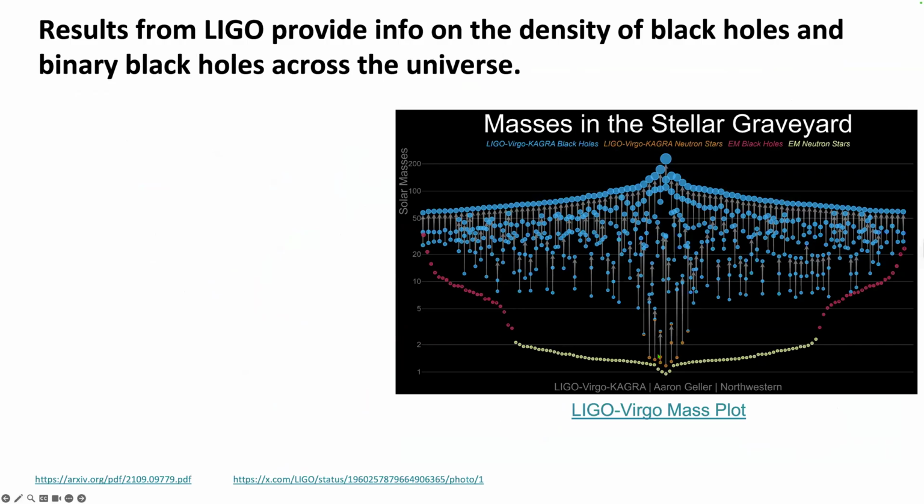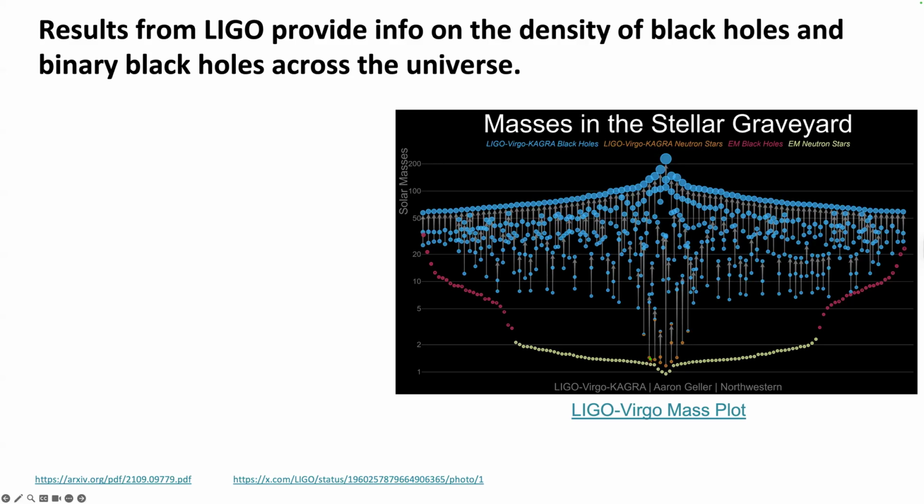Here's the archive of results. So what we have here vertically is the mass of objects that we're dealing with. This information comes from the gravitational wave sensors. The yellow ones here are neutron stars, and next to them are neutron stars that have merged to produce black holes.